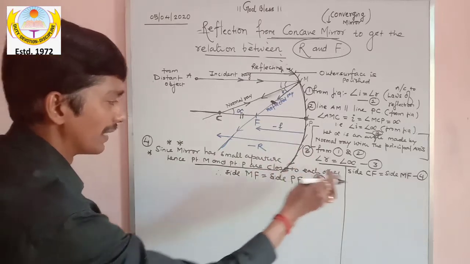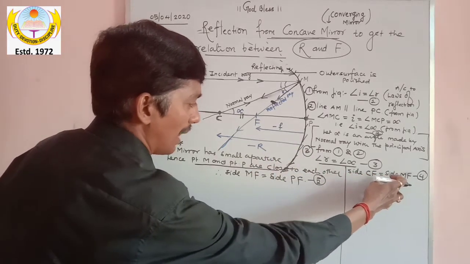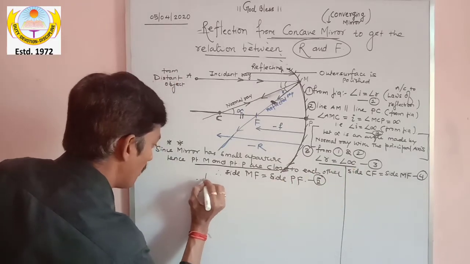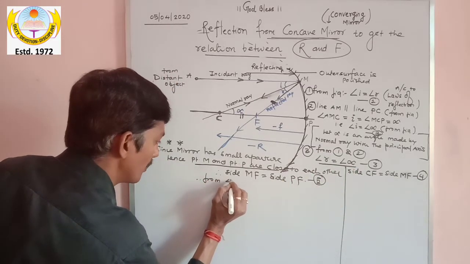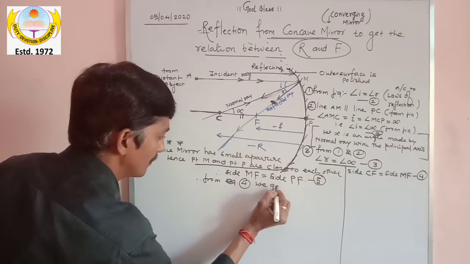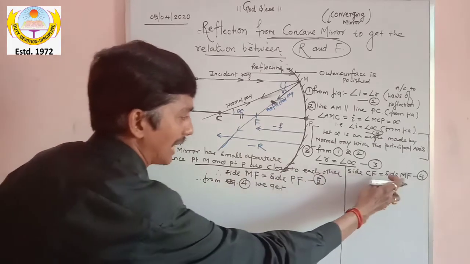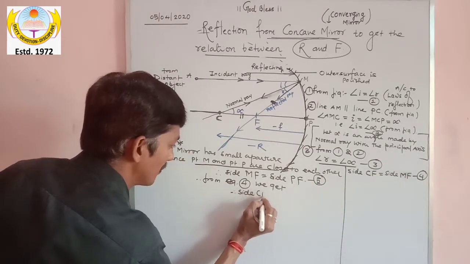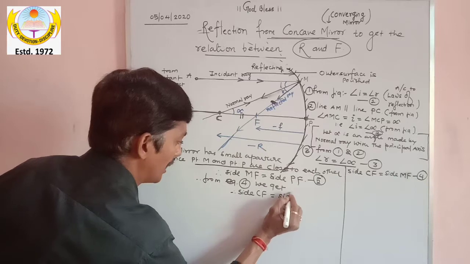So from, my dear, you can see side MF is actually side CF. Therefore, from equation 4, we get, what is side MF? Side MF is side CF also. Therefore, side CF is equal to side PF.